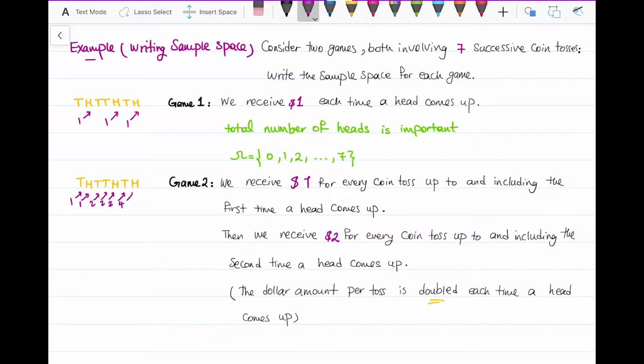Then I get $4 and $4. Okay, so as you see in game 2, the order of heads and tails is also important.